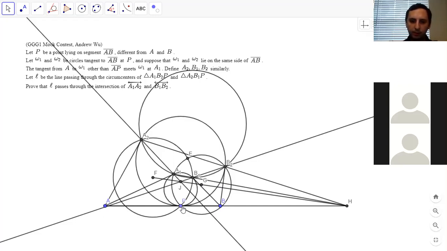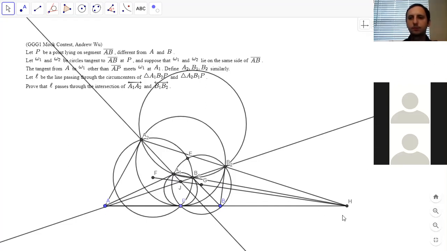It sends P to itself, and since HP squared is HA1 times HB1, it swaps A1 and B1. Similarly, it swaps A2 and B2. So it has to swap these two circles, and if it swaps two circles, then H has to be collinear with their centers.